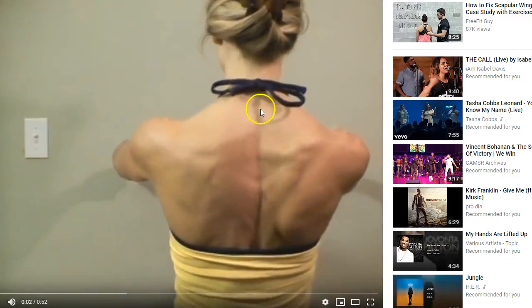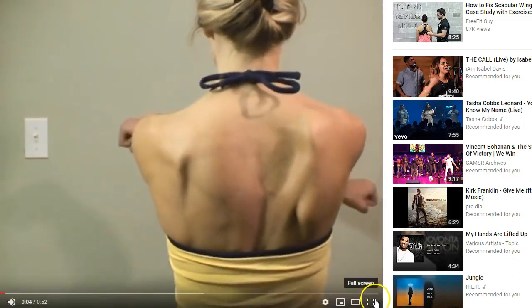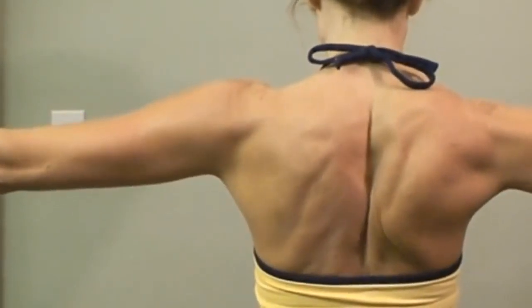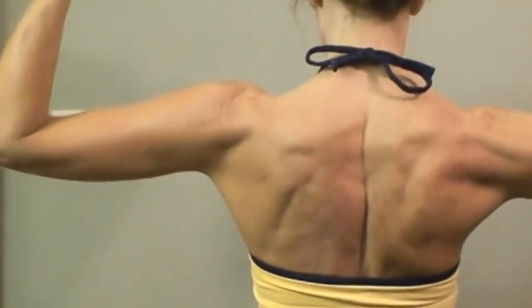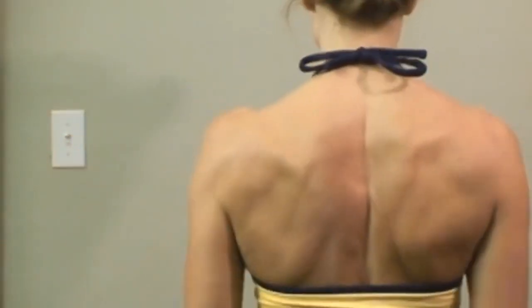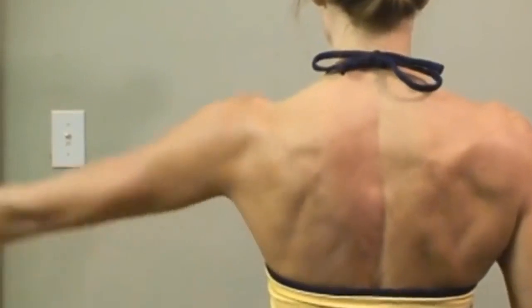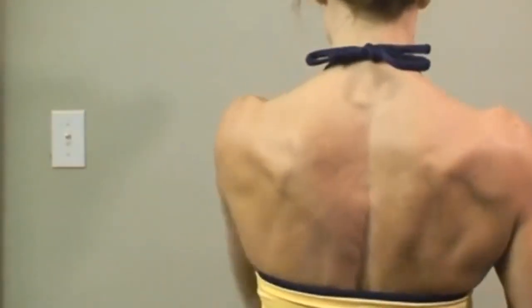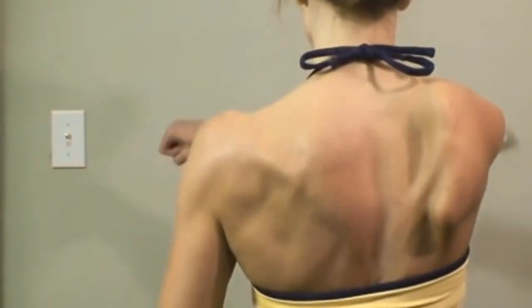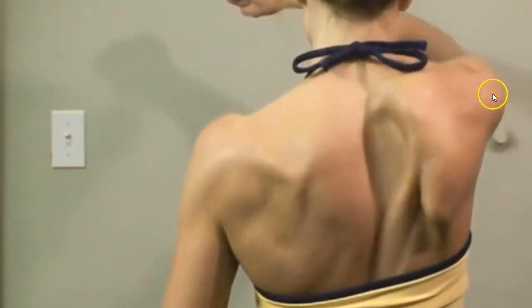All right, here we go with the winged scapula. This is the injury to the long thoracic nerve. Watch her shoulders and watch where the shoulder blades are, right here. And watch her rotate. Everyone see the scapula moving?